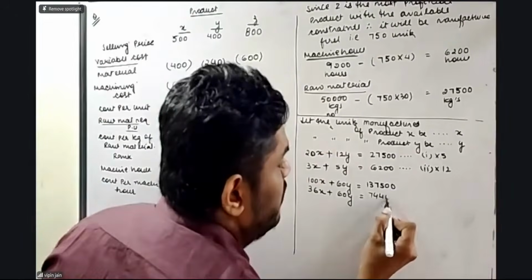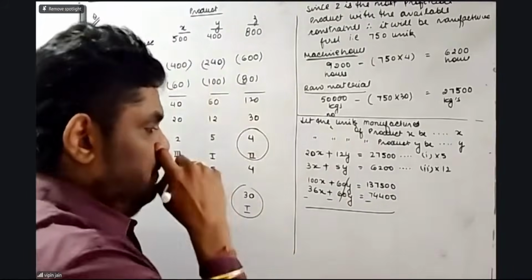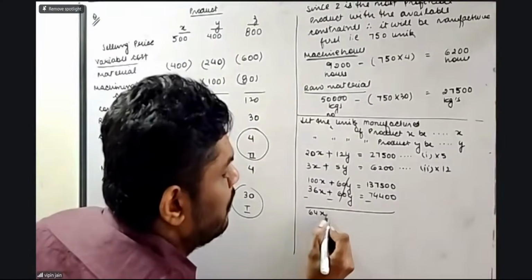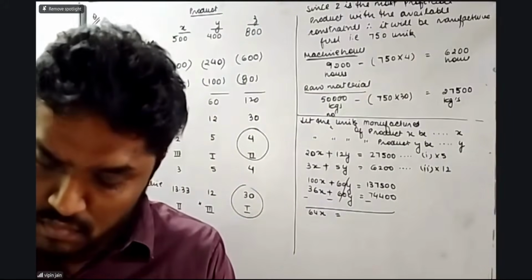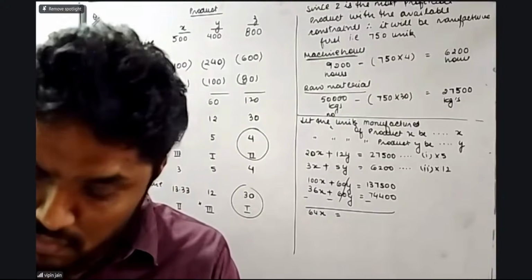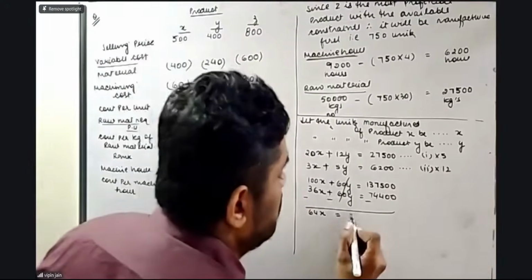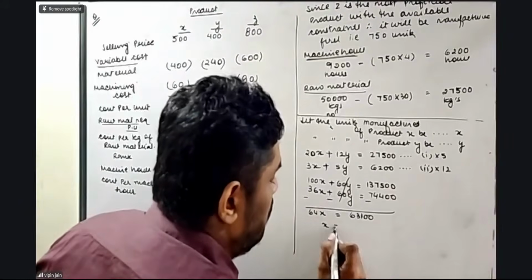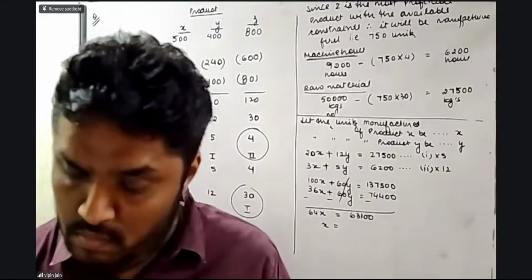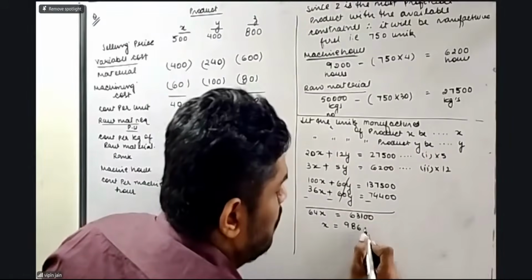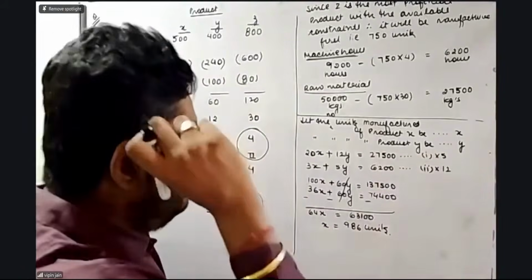So this will be 74,400. Substitute the value of x in equation 1.